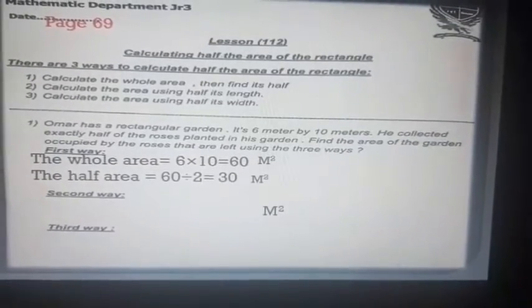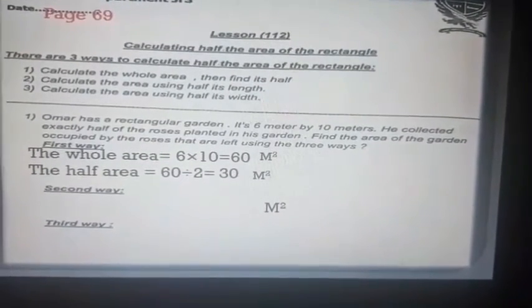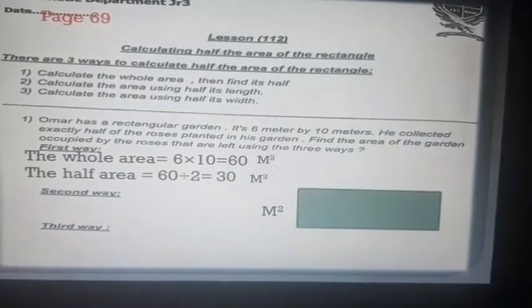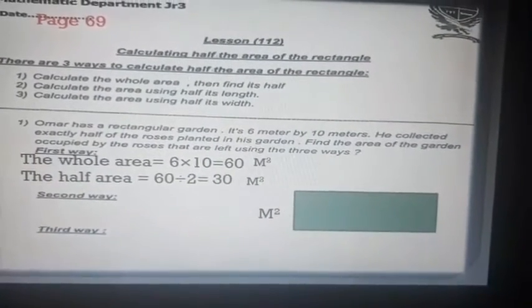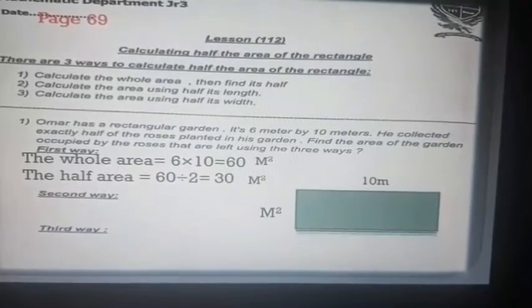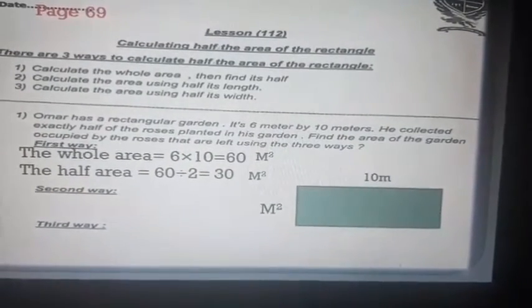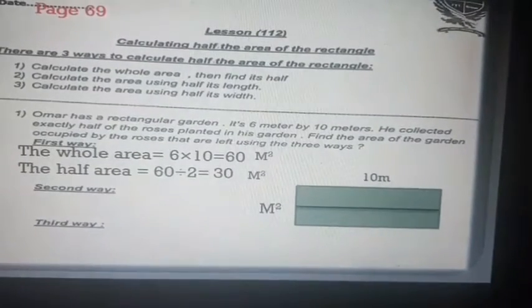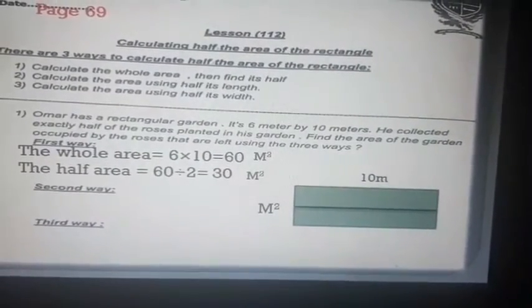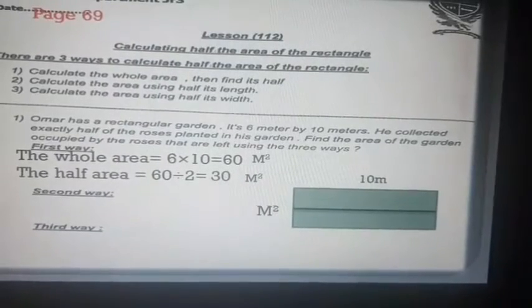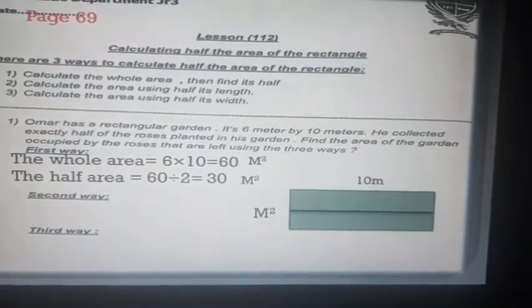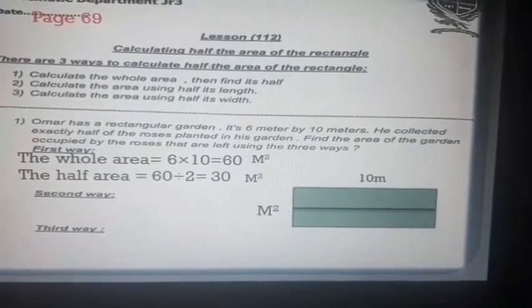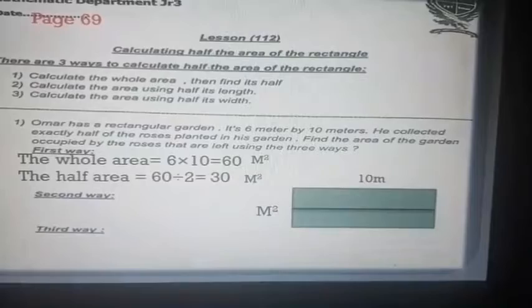Okay, the second way, I will draw the rectangle with 2 dimensions, 10 meters and 6 meters. I will divide the width. Okay, I make a line to divide the width. I have in the whole rectangle, the dimensions are 10 and 6.